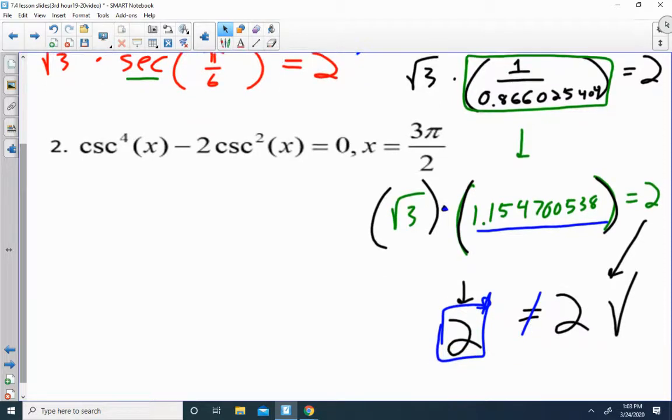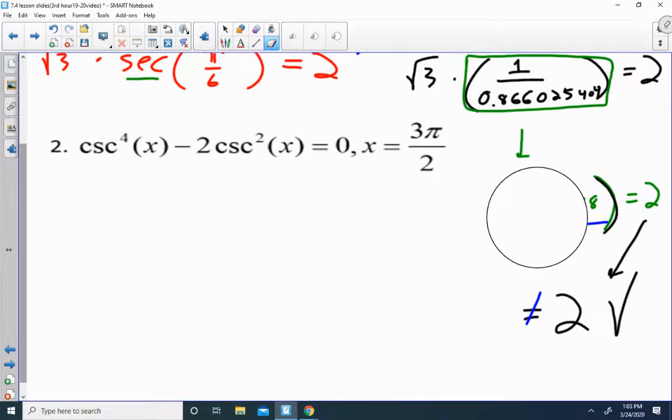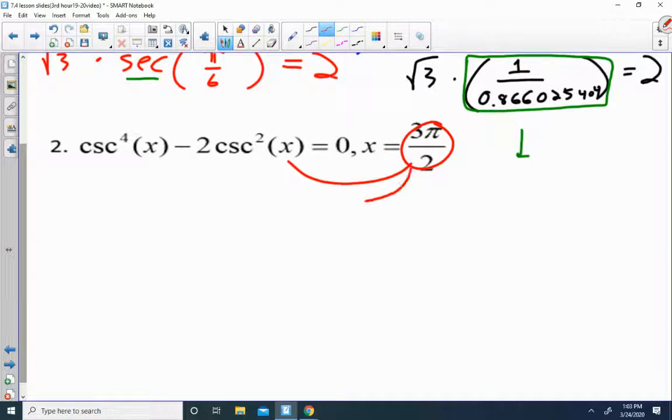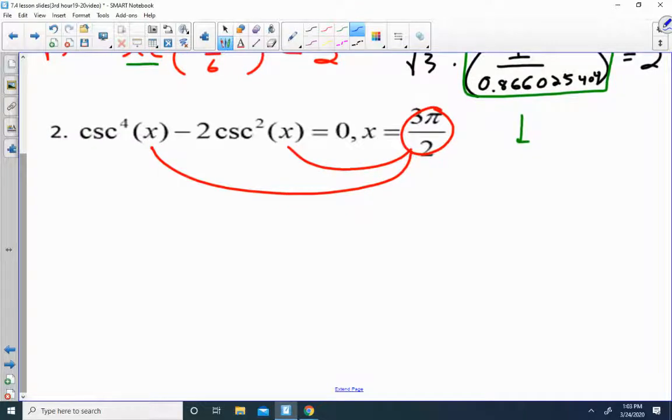Now let's move on to the final one. Here we got cosecant to the 4th minus 2 cosecant squared equals 0. And we're going to be testing 3 pi divided by 2. In this case, there are 2 trig functions we're going to have to plug that into. So let's rewrite all of that so we know what we're working with.